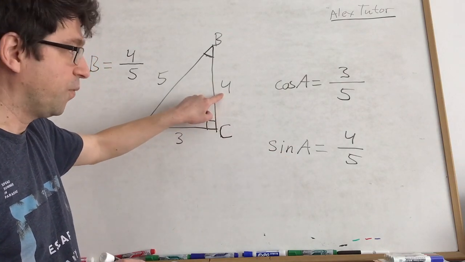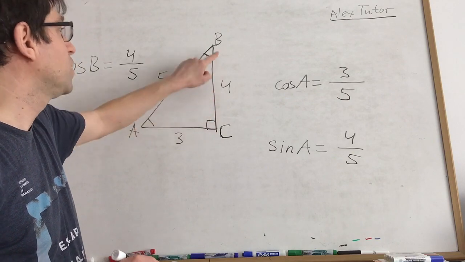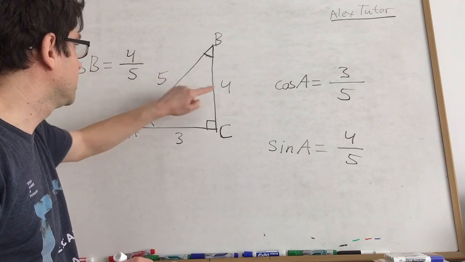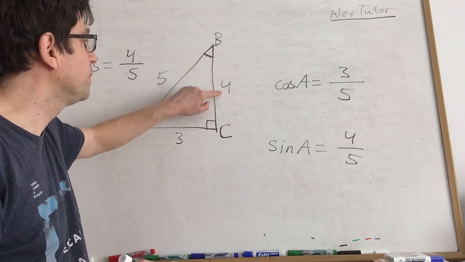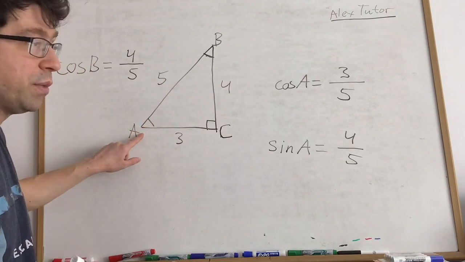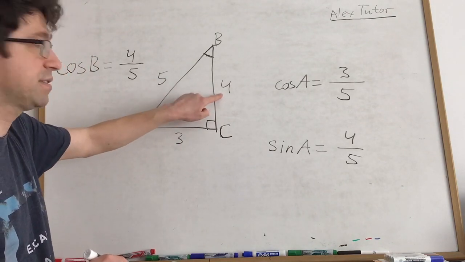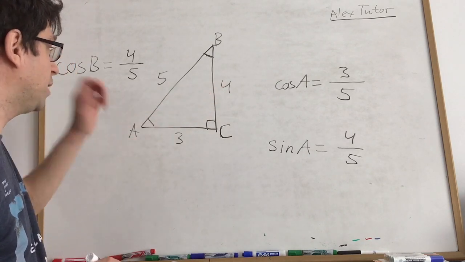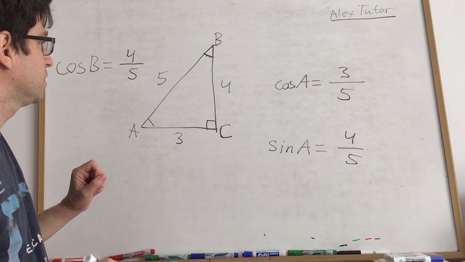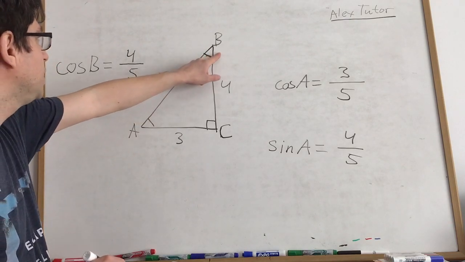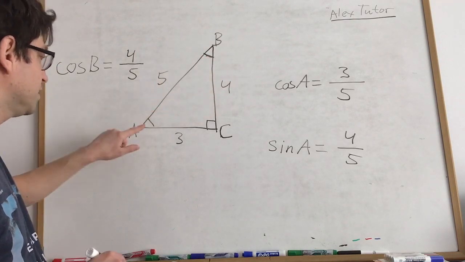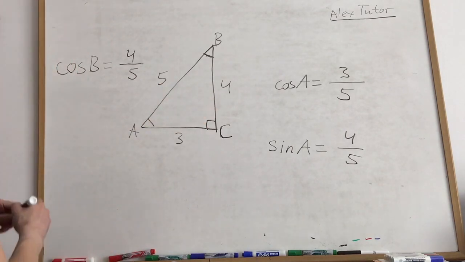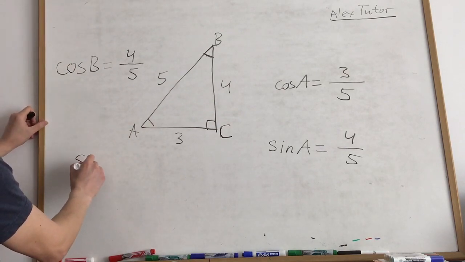Because this side 4, when we talk about angle B, is adjacent because it's next to angle B. But when we talk about angle A, the same side 4 is opposite to angle A. So cosine of angle B is 4 divided by 5, and sine of angle A is also 4 divided by 5.